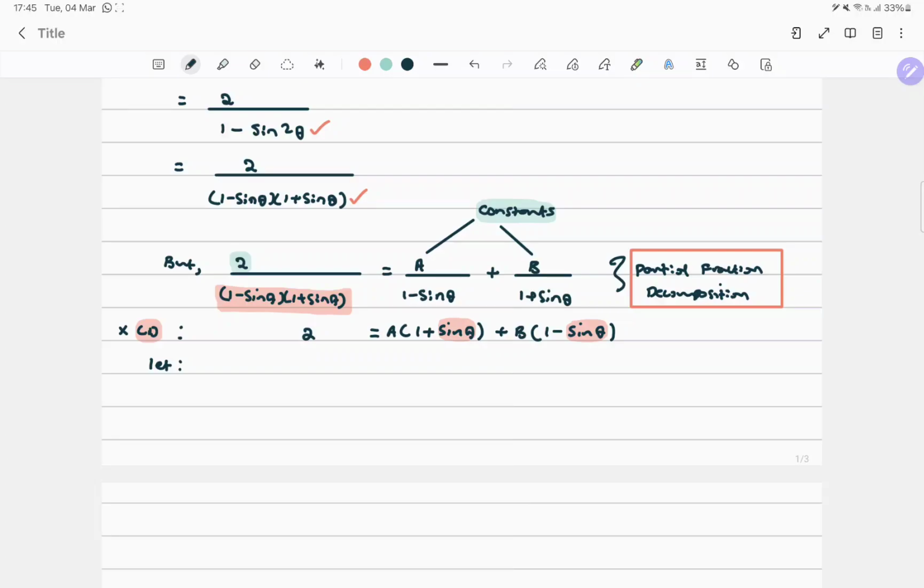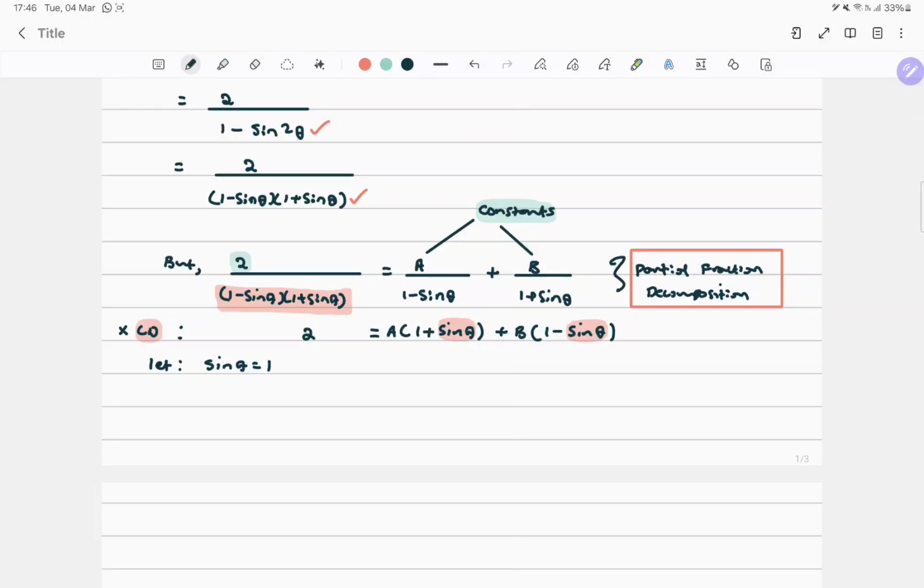Okay, good. So now the technique of choice is to try and kill one of these brackets. For example, you can let sine theta equal to 1. Another student may just decide to take this bracket, equate it to 0 and solve for sine theta, and sine theta is going to come out as 1.